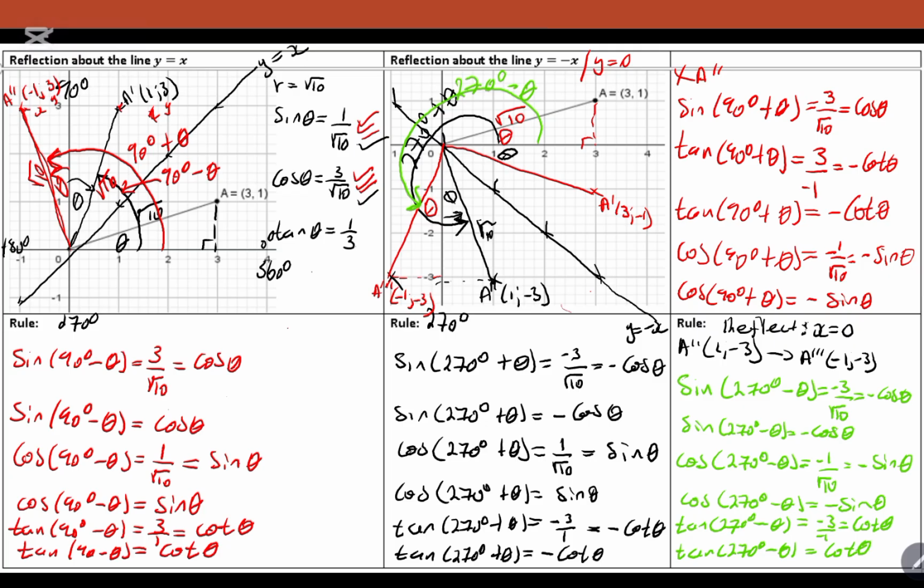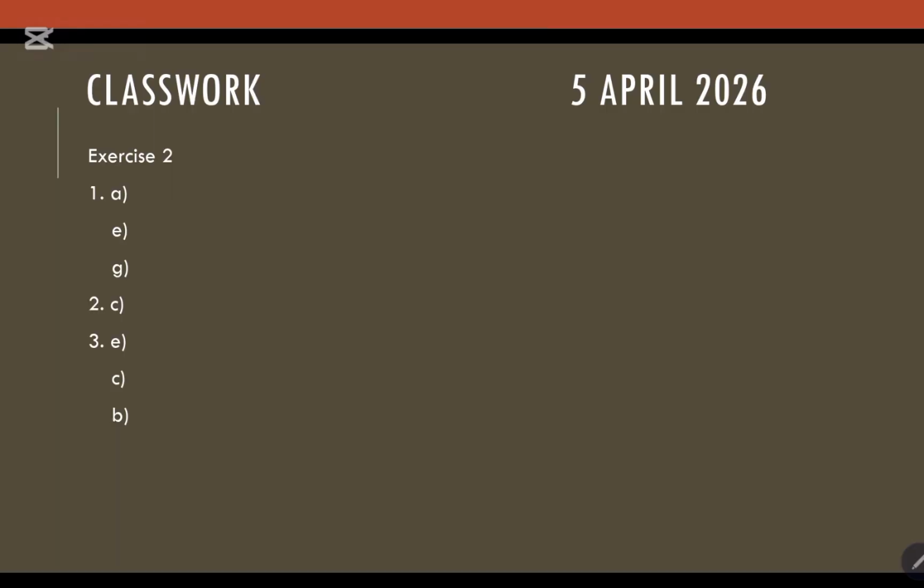So basically, this way of developing the reduction rules using all this reflection or transformation concept, with learners developing these rules by themselves, I believe will strengthen their understanding and they will not make any mistakes.